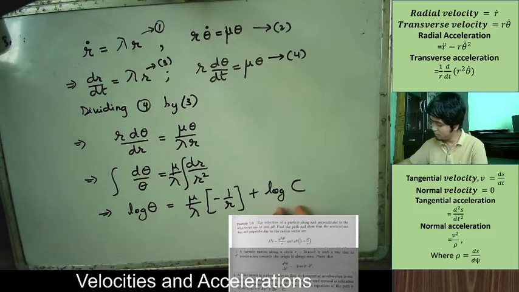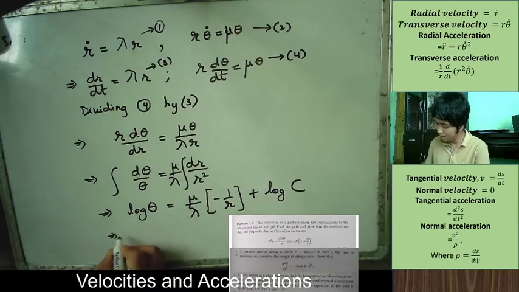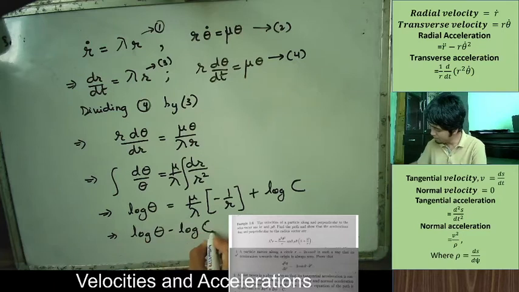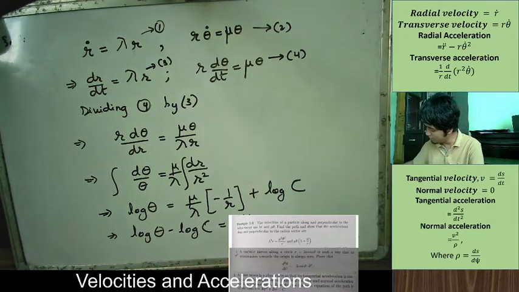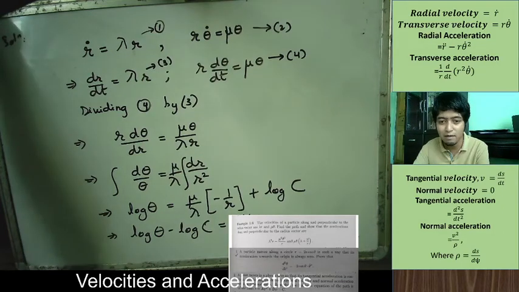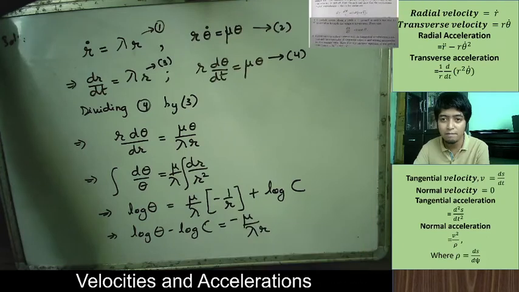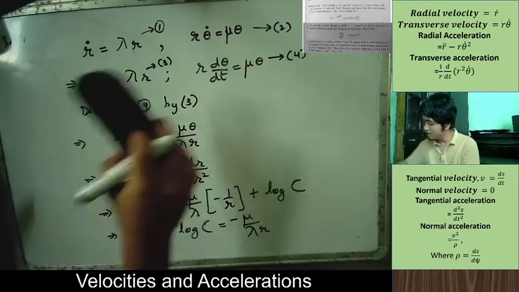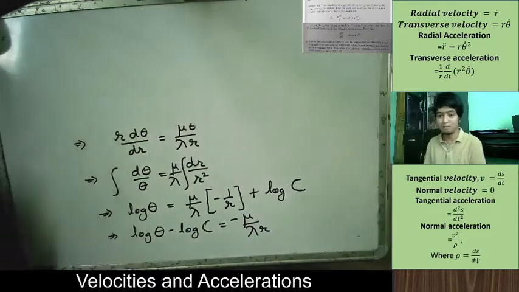We will transfer this log to this side. We will be getting log theta minus log c equal to minus mu upon lambda r. After doing this, now we can just use properties of logarithms.